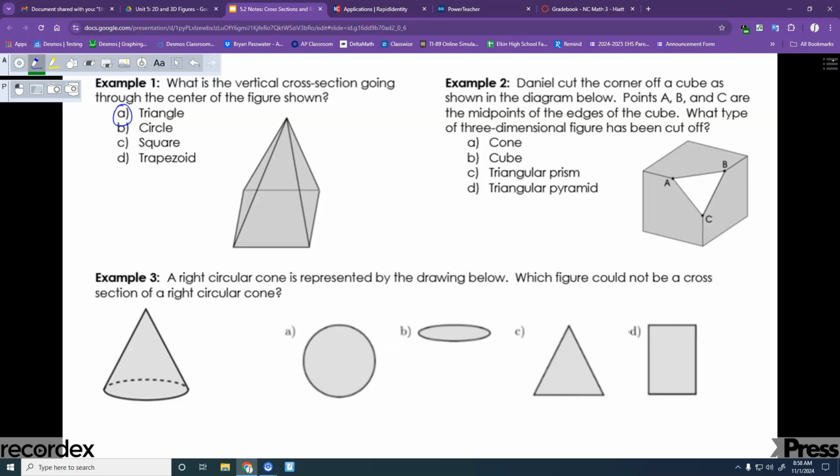I think we're narrowing it down to C or D. Would it be a prism or a pyramid? It's going to be a pyramid because it would have been pointy on the end, right? So this would be the base right here, and then there would have been a corner over here, and so it would be pointy. There would be no rectangles. The sides would be triangles.